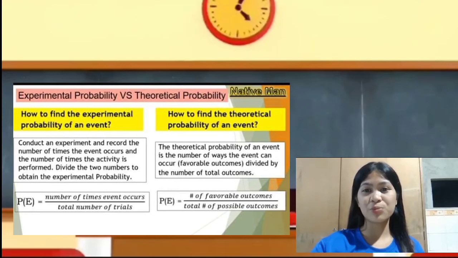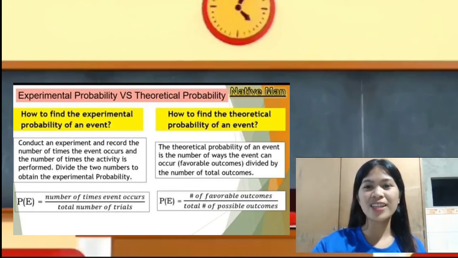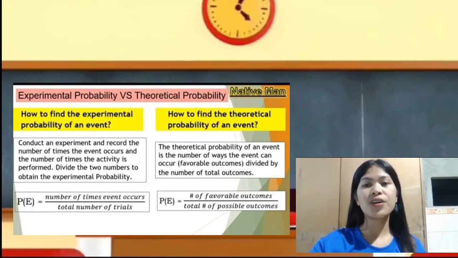So, can we find the experimental probability of an event? We need to conduct an experiment and record the number of times the event occurs, and the number of times the activity is performed. We need to divide the two numbers to obtain the experimental probability. In symbol, the probability of the event is equal to the number of times it occurs over the number of trials, while the theoretical probability of an event is the number of ways the event can occur.